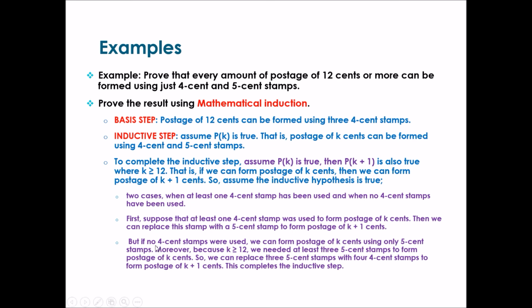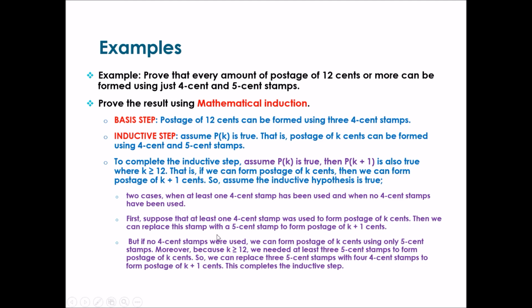I hope you get it. If no 4-cent stamp is used, that is, all the stamps used to make k cents are 5-cent stamps, right? So it means k is a multiple of 5. k can be 5, k can be 10, k can be 15, k can be 20, and so on.